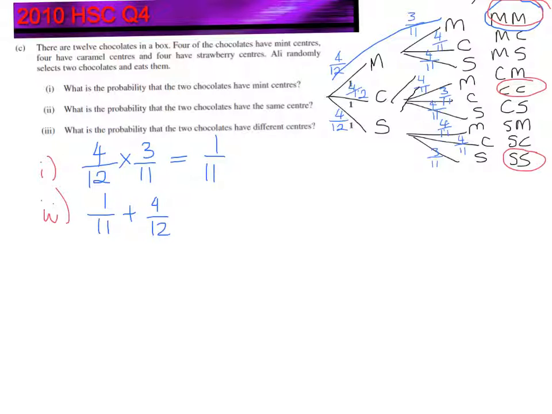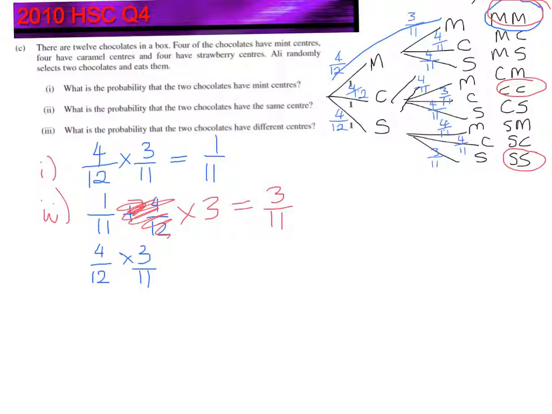So really, what we could do, because we've got the same thing 3 times, might even be easier just to do 1/11 times 3. So that's going to be 3/11. So that is the same as doing the mint, which was the first one, remember?